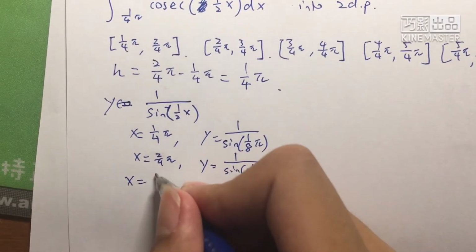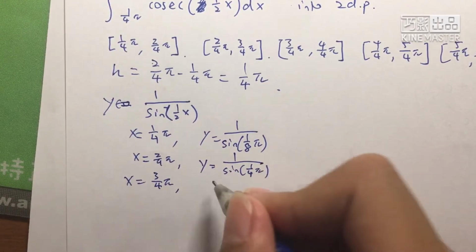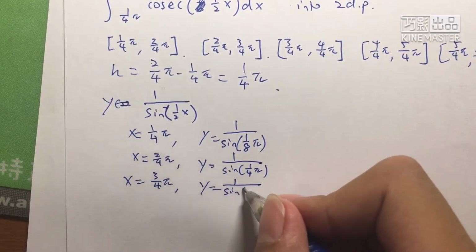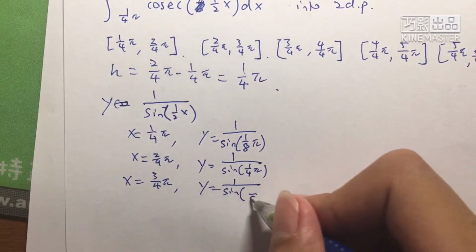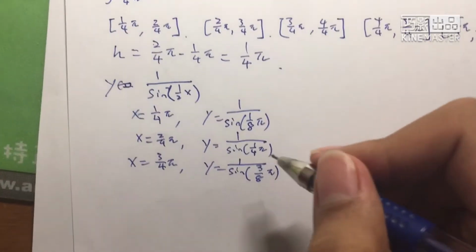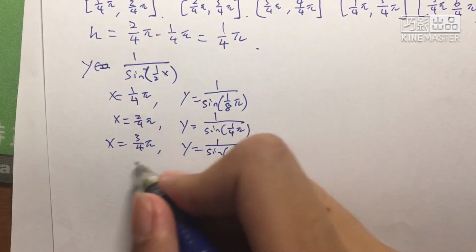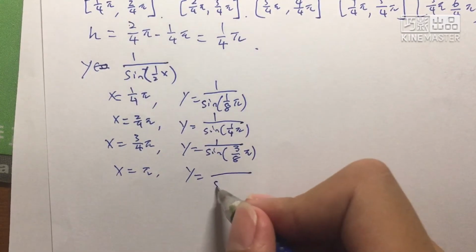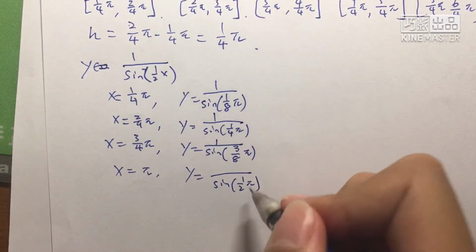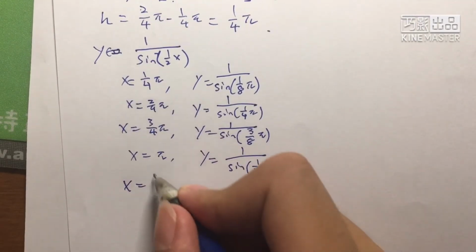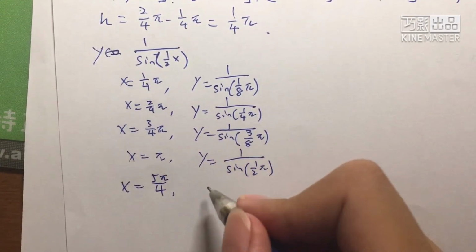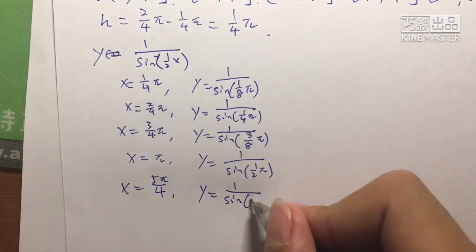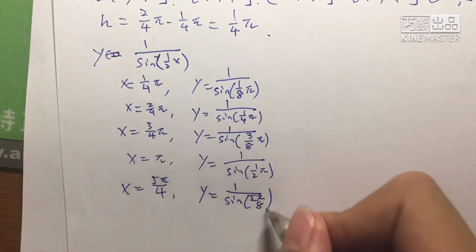And for x equal to 3 over 4 pi, y equals 1 over sine 3 over 8 pi. And x equal to pi, y equals 1 over sine a half pi. And x is equal to 5 pi over 4, y is equal to 1 over sine 5 pi over 8.